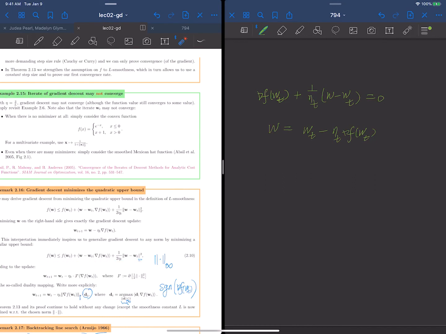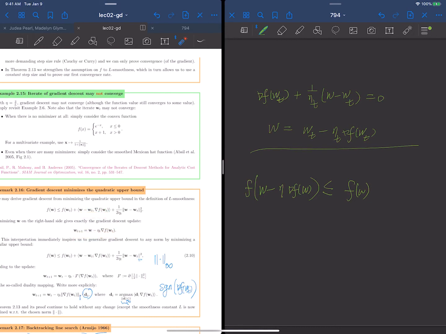So what we're going to do is we take the update of my W and put it in, right? Okay, I'm going to do this with the 2 norm here. So I'm going to take the update and plug in. What I'm going to get is f of W minus eta. I do not know if eta is good enough, I just plug in things. I'm going to ignore the subscript t. The right hand side is going to be f of W, and then I'm going to get this term, put it here.